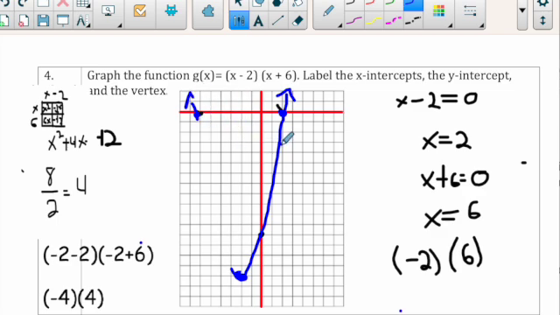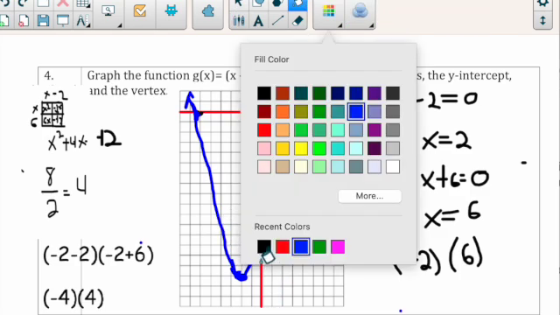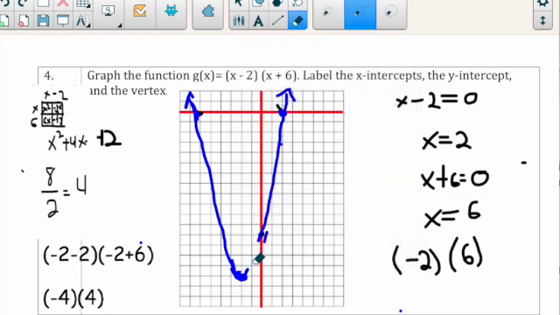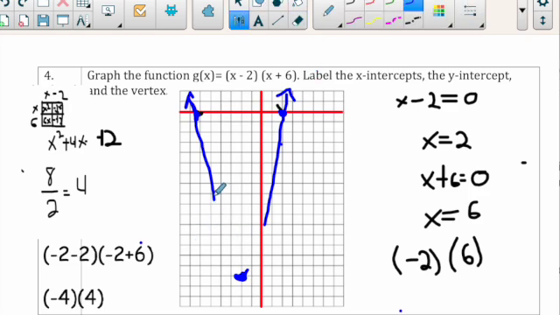I should have left the axis of symmetry so I can see where my points would go. I would like this to be a little less narrow than it is. Okay, it's pretty much good enough.